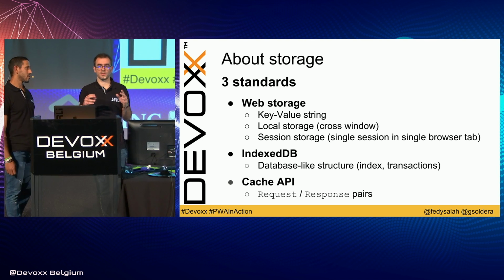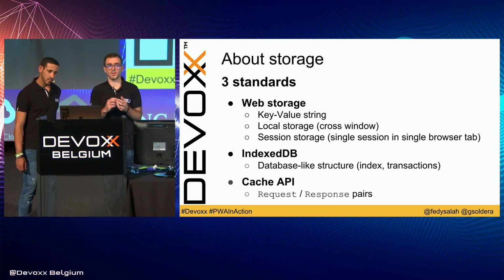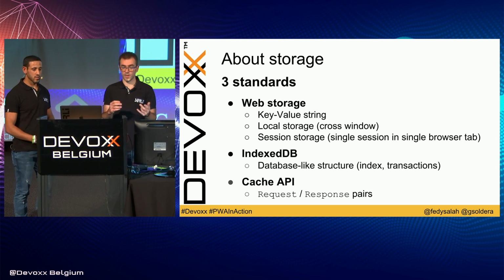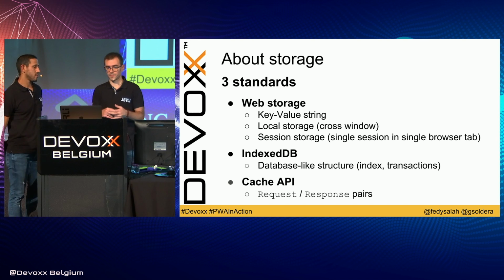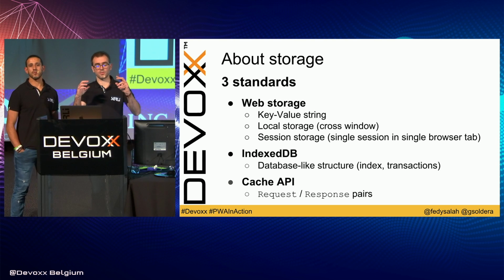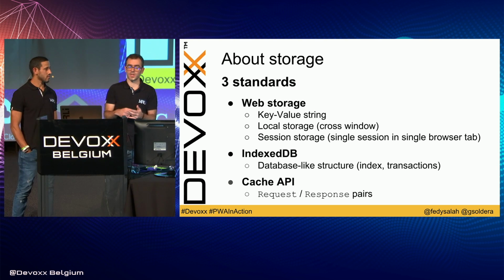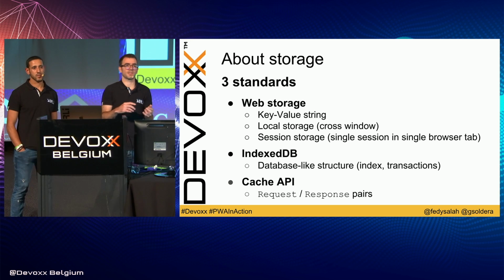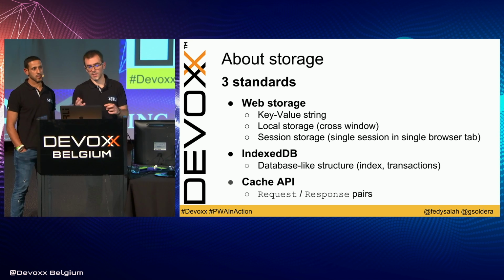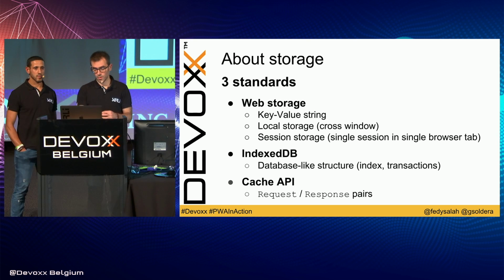To handle these different storages, there are some libs such as localForage, which is an abstraction of the different storages. So if your browser doesn't handle IndexedDB, this lib falls back to local storage or another.